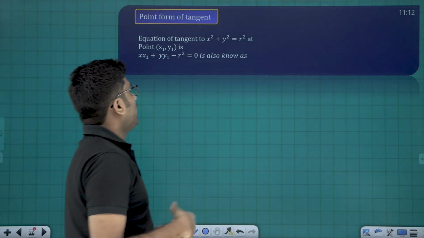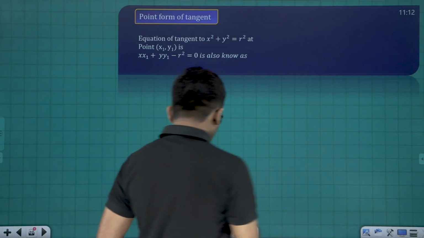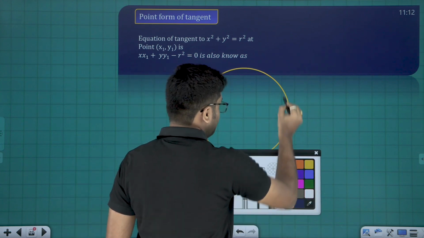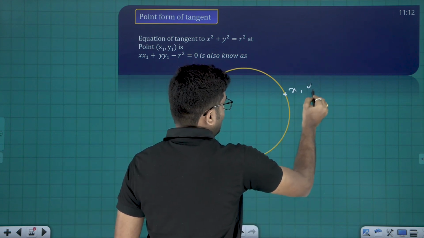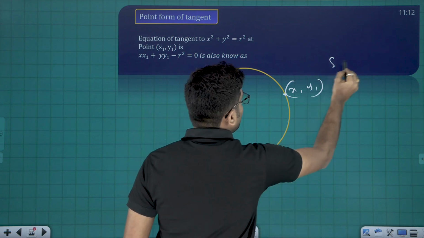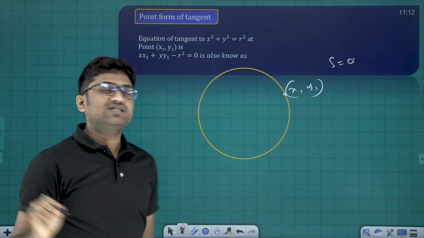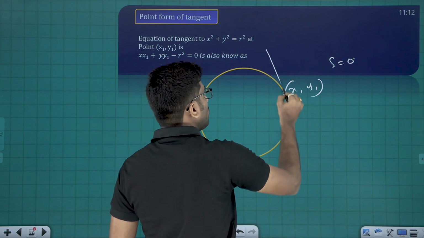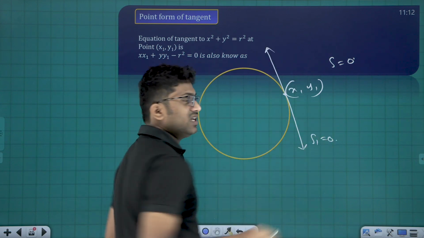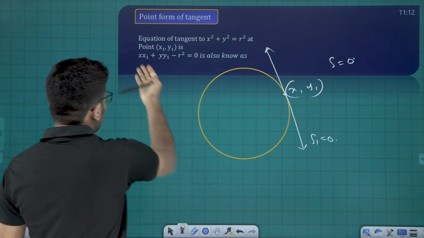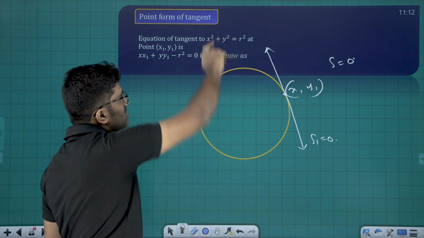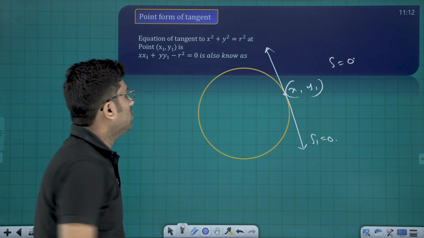Next, point form of tangent. For a circle S equals 0, the equation of tangent at the point x1 comma y1 is S1 equals 0. What is S1? x x1 plus y y1 minus r square equals 0 for the circle x square plus y square is equal to r square.